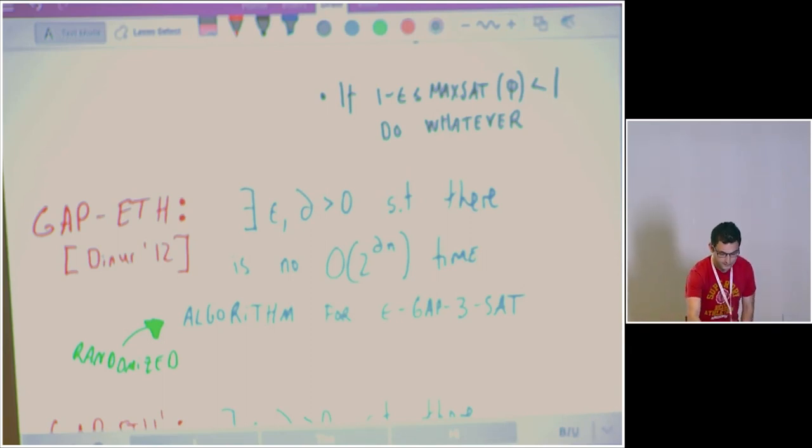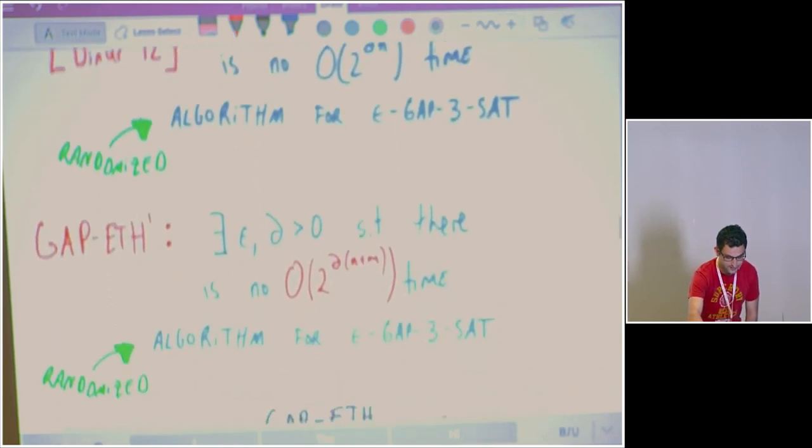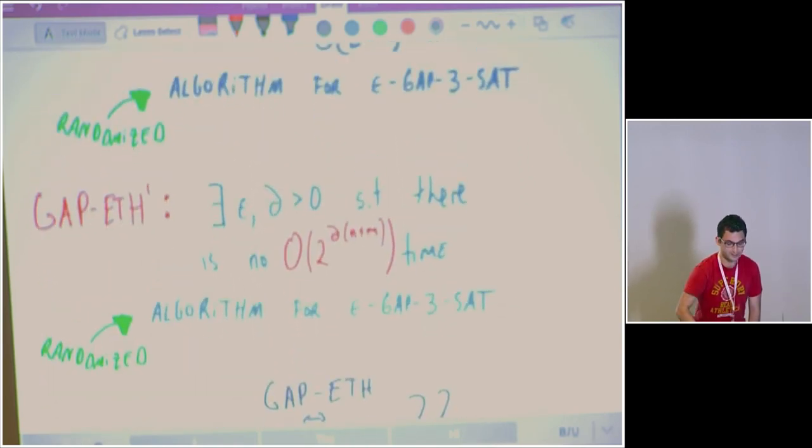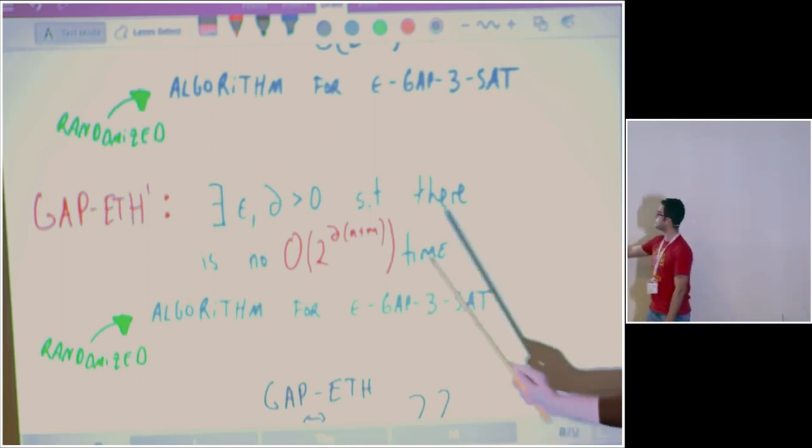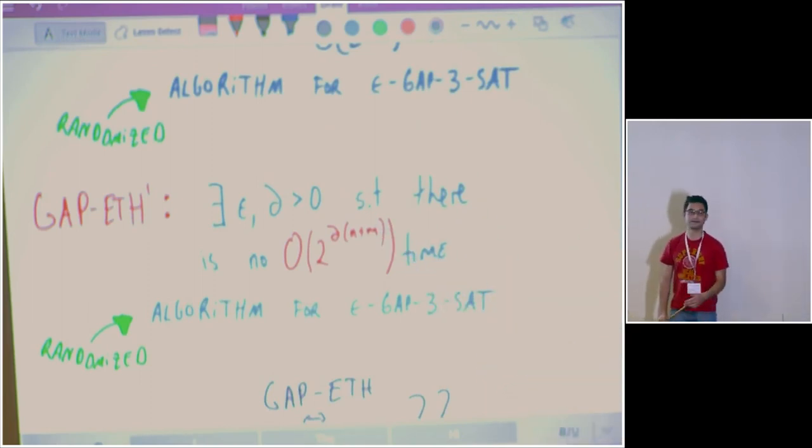So we would like to instead formulate the gap ETH prime hypothesis, just like gap ETH, where now you have an m in the exponent instead. Yeah, n plus m. And just as for ETH, there is a specification lemma that says that gap ETH and gap ETH prime are actually equivalent to each other, at least for randomized algorithms. Okay?